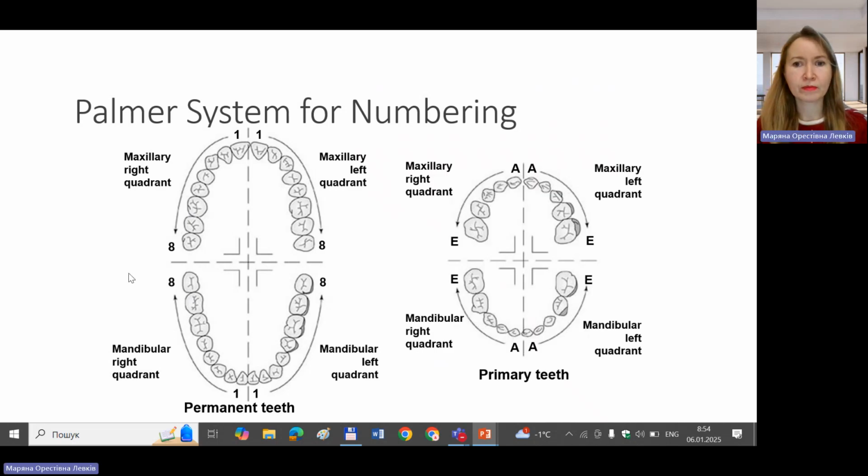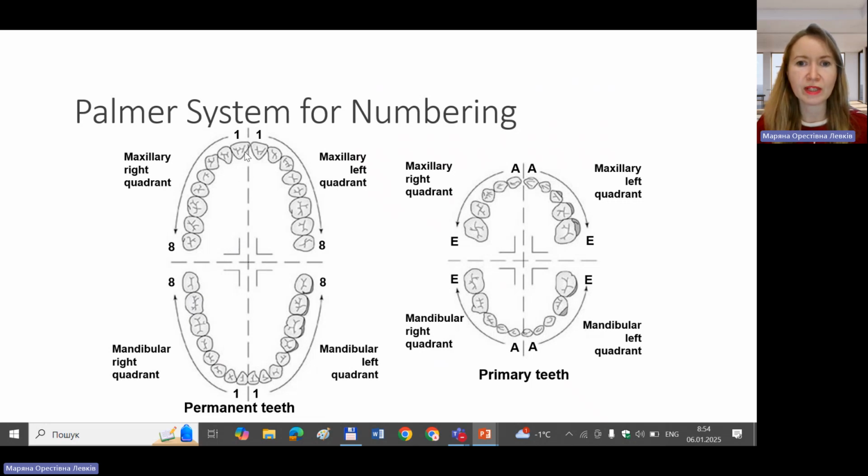Palmer system for numbering of teeth. Instead of writing the number of a quadrant, here we use such brackets, and put in this bracket the number of the tooth that should be denoted.